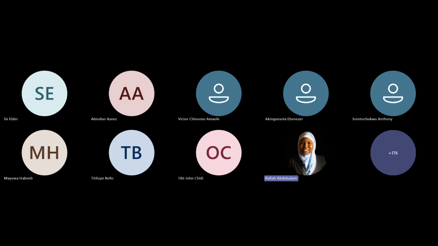The question I have here says, can an admin set automatic response for a distribution list? That should be the likes of out of office response. Is Madam Titi still here? Yes, I'm here.